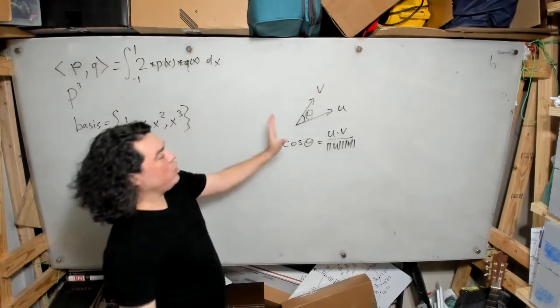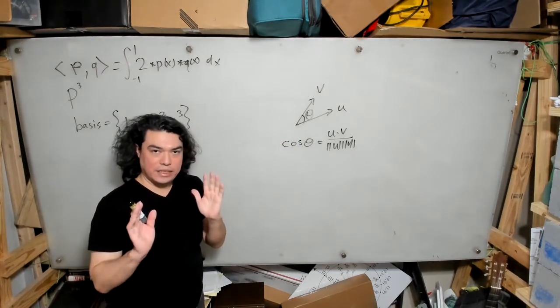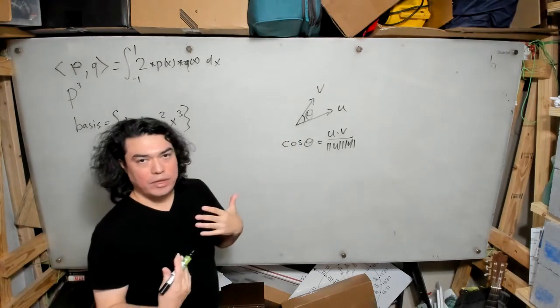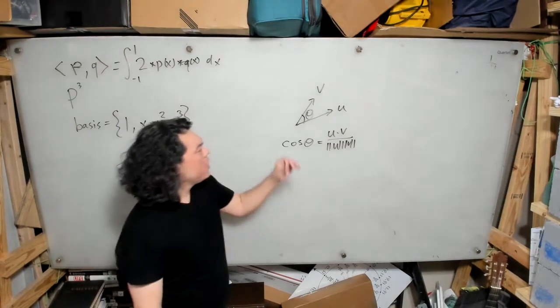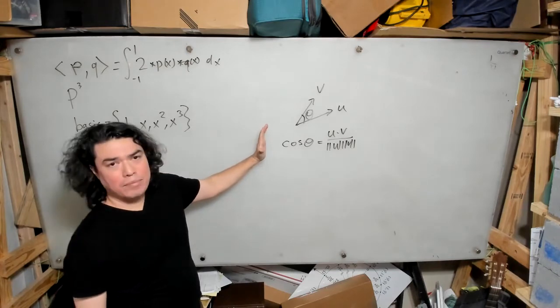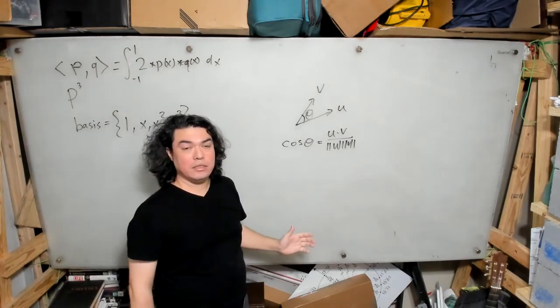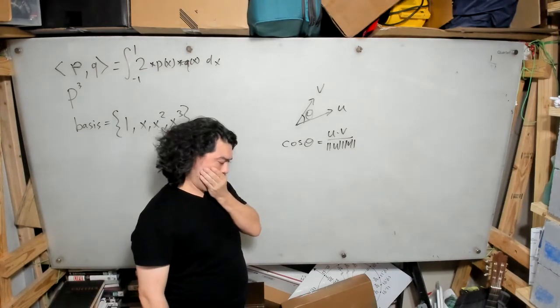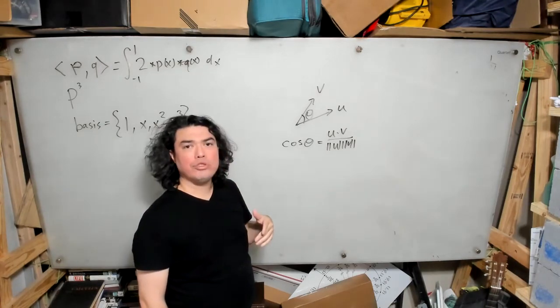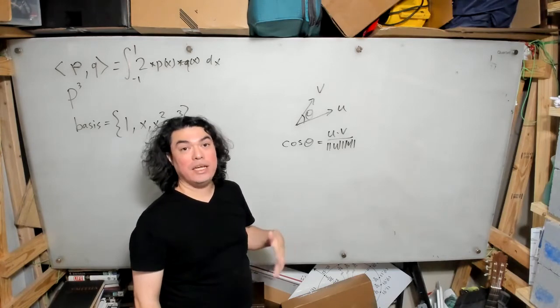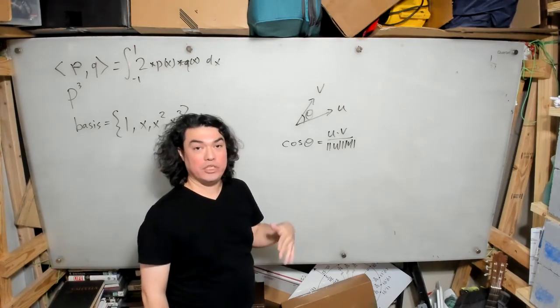In other words, when we first learn about the inner product, we learned that it can be used to translate geometric ideas into the world of vectors and vice versa.